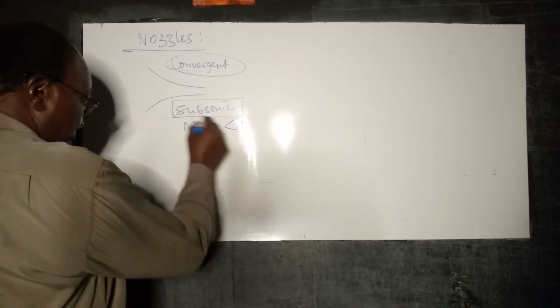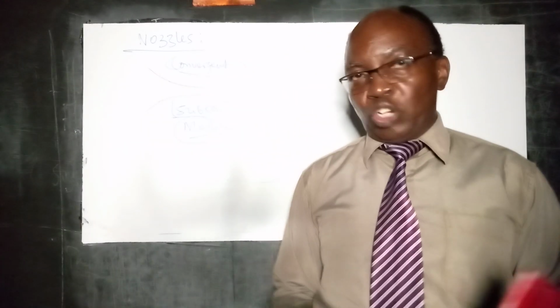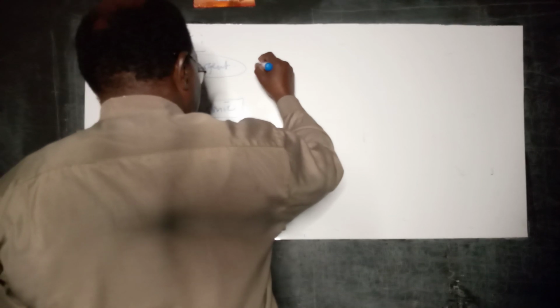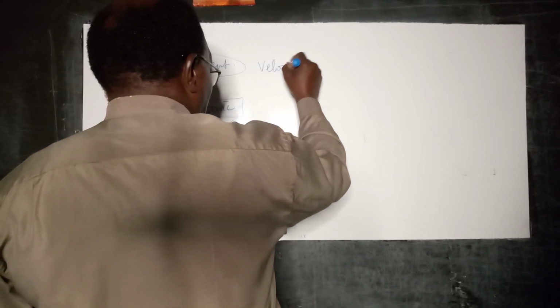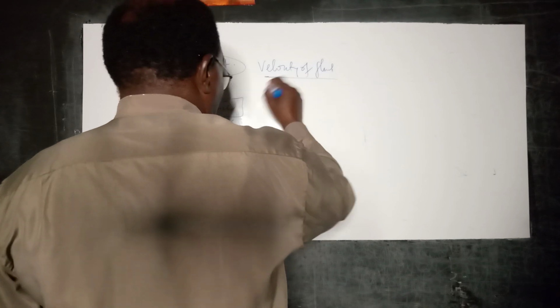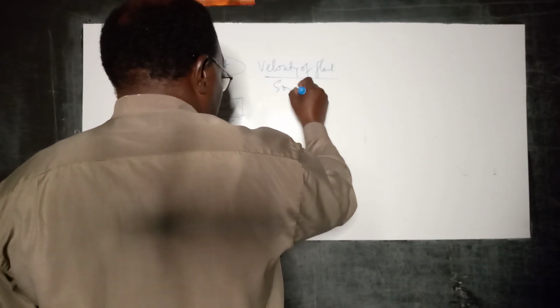Less than 1. Mach is a unit in fluid dynamics, and it's dimensionless. It is the ratio of the velocity of the fluid flow to the speed of sound.